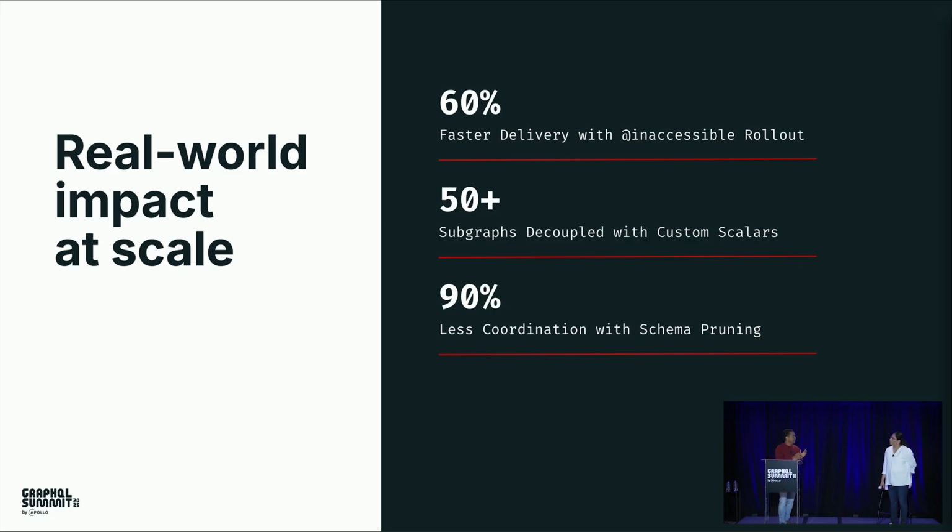Schema pruning removed a lot of subgraphs from the coordination scope. But it's not removing the coordination entirely. If you are using a shared type and it is referenced, you still have to go through this inaccessible automation. But those that are not using it are not part of this coordination scope. So that also helps in getting things delivered faster. Next slide, please.